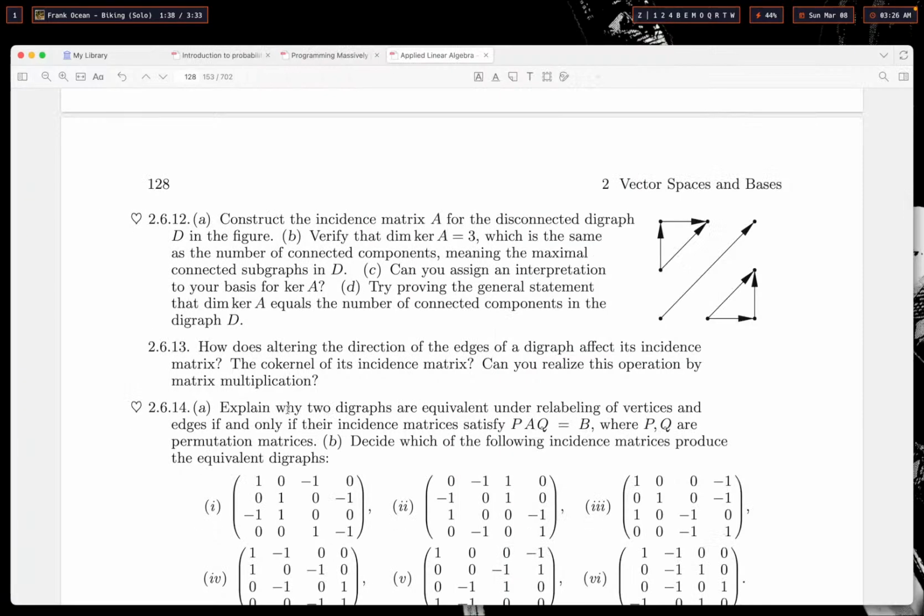Cool. Yeah, so I was right. The co-kernel of an incidence matrix represents the subspace of all circuits of a digraph.